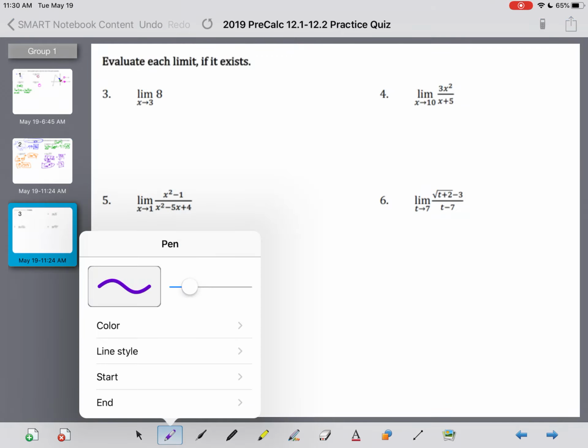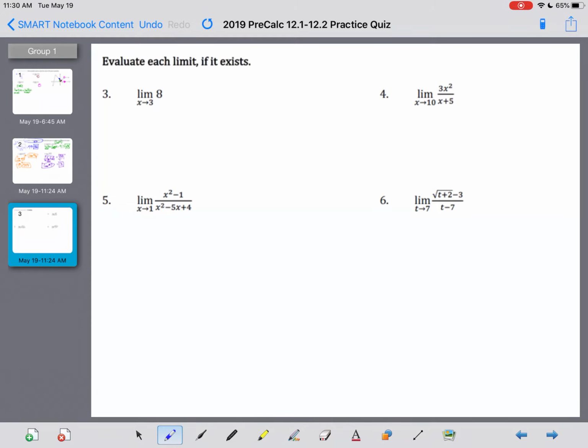Now here we got to be careful because some of these we factor, some we simplify, and sometimes we rationalize. So we're going to have a combination here. Here, this is just our special limit number 1, and this is simply going to be just plain old 8.